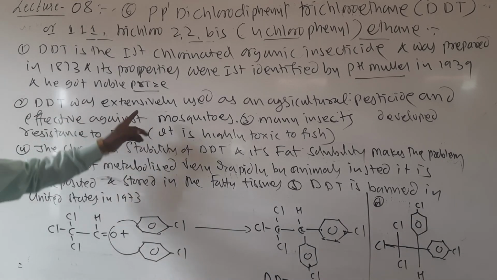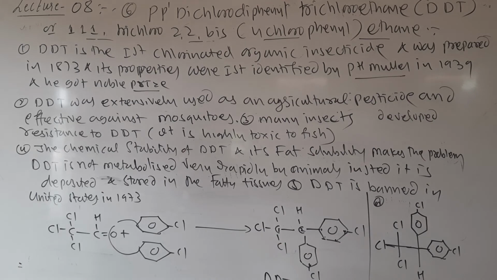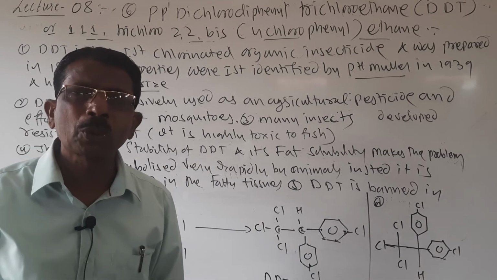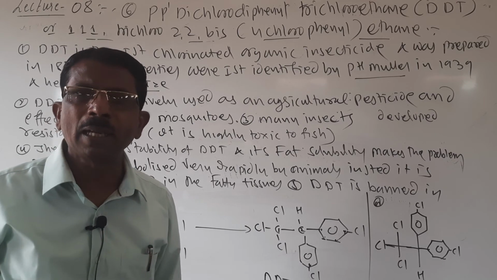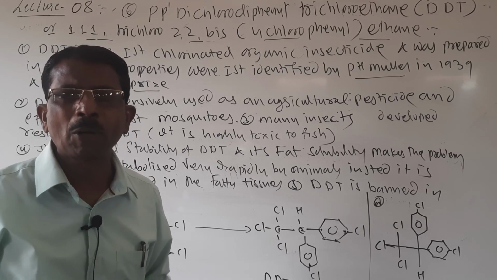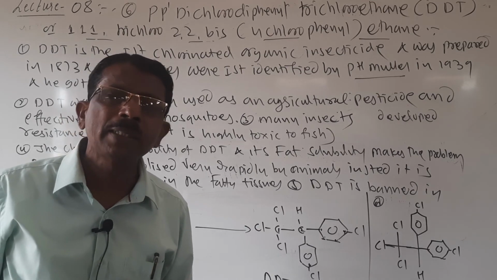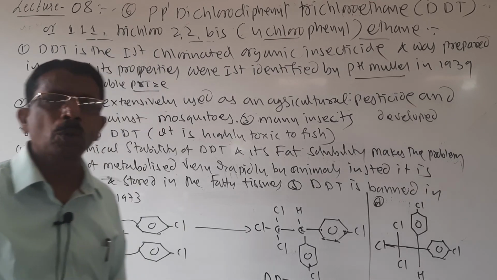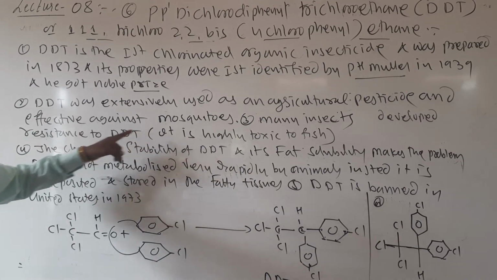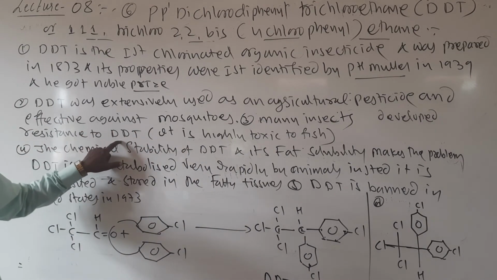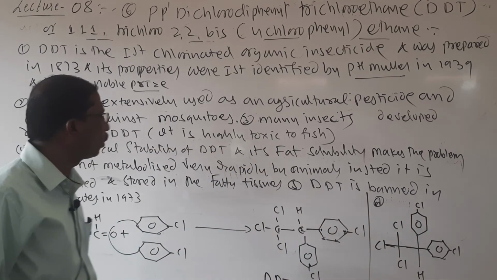DDT is extensively used as an agricultural pesticide and is effective against mosquitoes, but nowadays mosquitoes have developed resistance to DDT and will not run away. That's why nowadays they are using BHC, benzene hexachloride. Many insects developed resistance to DDT, and it is highly toxic to fish.